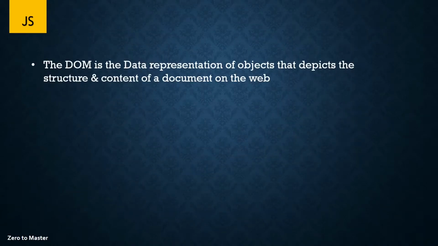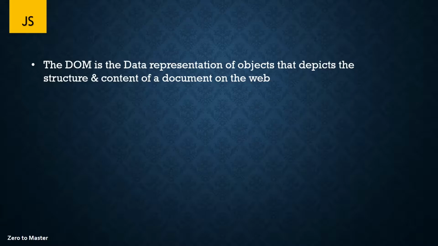Now, the first thing is for us to actually understand what exactly the DOM is, right? So the DOM is a data representation of objects that depicts the structure and the content of a document on a web page. When we talk about a document, it is simply your page.